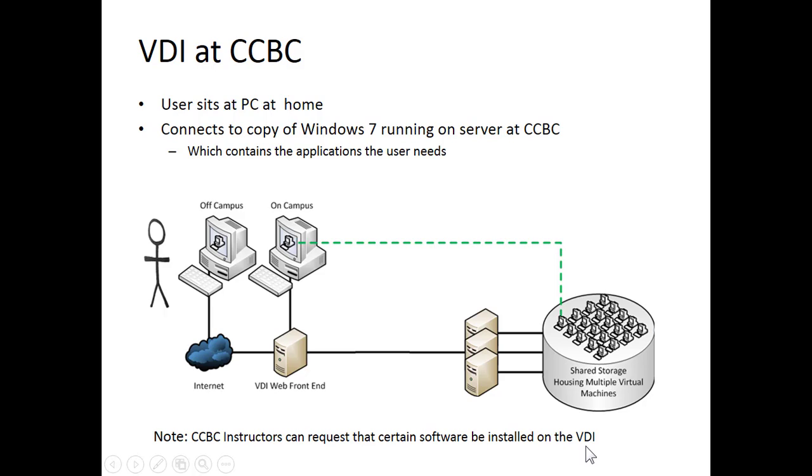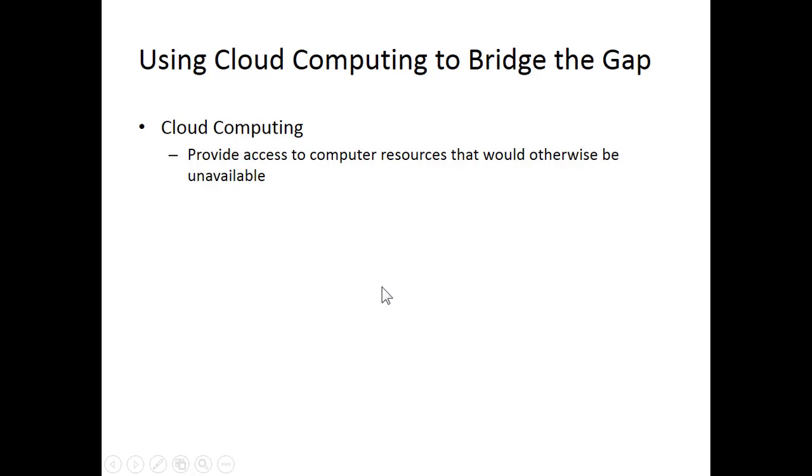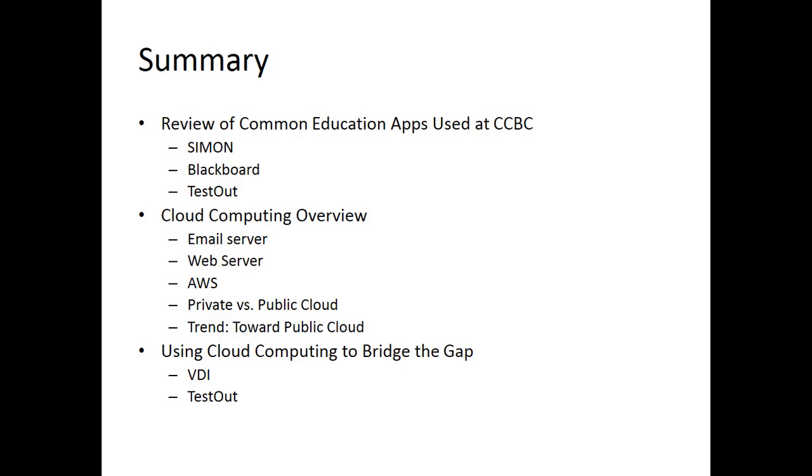If there's a particular program that you want your students to have access to at home, then request IT technical services to install that program on the VDI, and then your students can use that program from home. Cloud computing provides access to computer resources that would otherwise be unavailable to students.